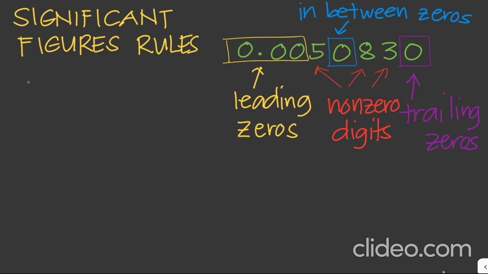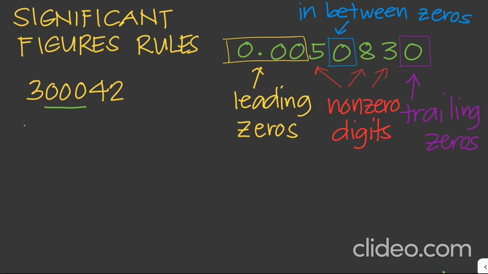Say, for example, we have 300042. So all non-zero digits here and the zeros in between the non-zero digits. These are the zeros in between the non-zero digits. They are significant.